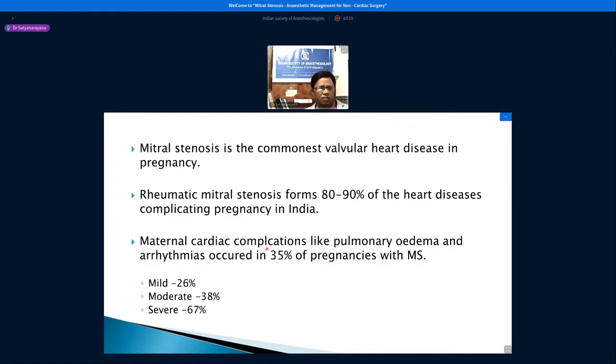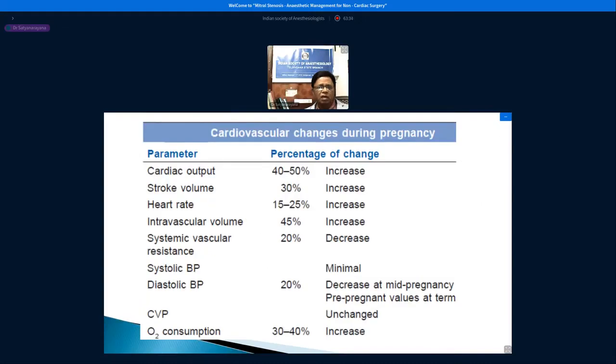Maternal cardiac complications like pulmonary edema and arrhythmia occur in 35% of pregnancies with mitral stenosis. If you look at mild, moderate, and severe mitral stenosis, the complications are 26, 38, and 68% respectively. You are all familiar with the physiological changes in pregnancy.